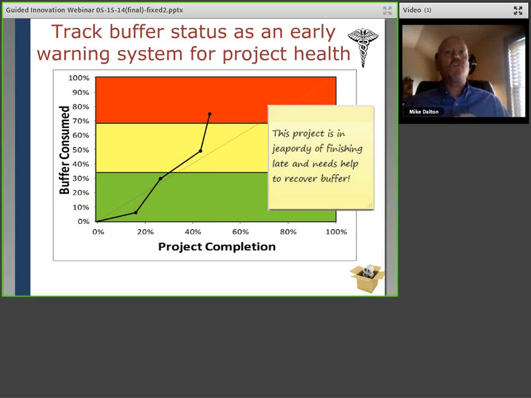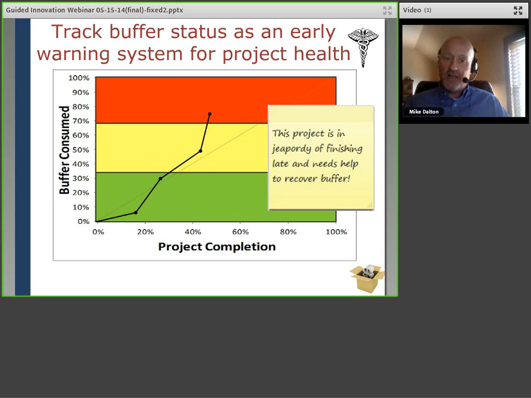The buffer also helps you visualize the real status of the project, right? Because we get this early warning by plotting buffer consumption on the vertical, that's how much of the buffer we've used up, versus on the horizontal, how much of the critical chain we've completed for a single project. And anytime the project starts to track above that 45-degree line that you can just barely see on there, it's time to take action.